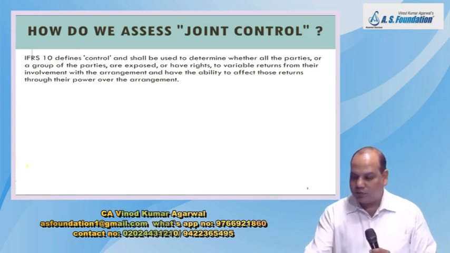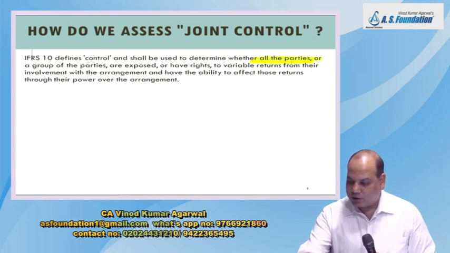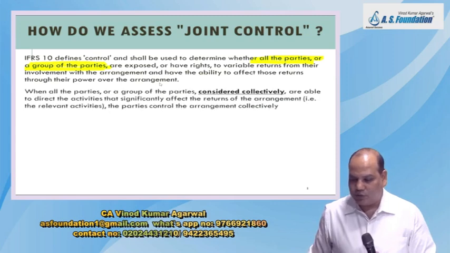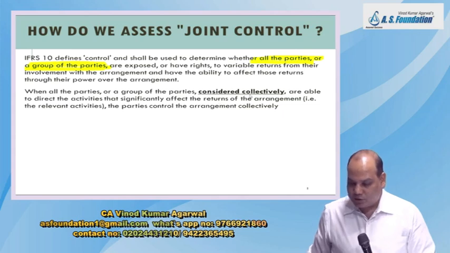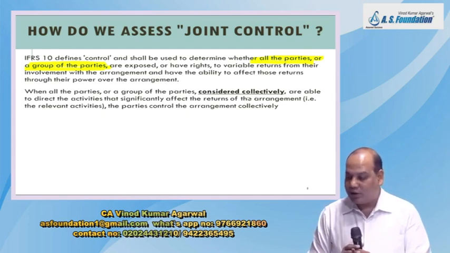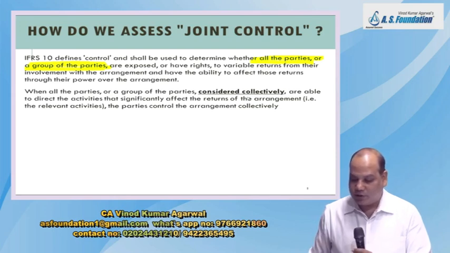So first we need to find out who are the parties who have the control. That means who are the parties who have the rights, variable returns, and ability to affect those returns. When all the parties or a group of parties, considered collectively, are able to direct the activities significantly affecting the returns of the arrangement, then the parties control the arrangement collectively.